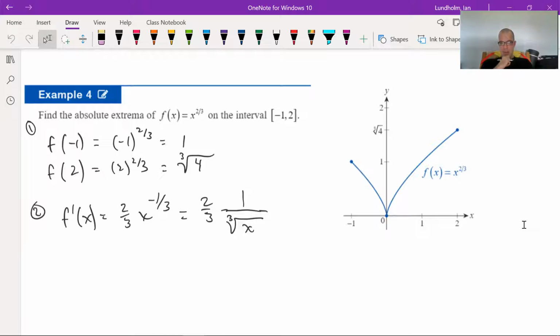And so the derivative at 0 does not exist. And so that's another critical point that we would want to test. So f of 0 in this case will just be 0 to the 2/3 power, or just 0.